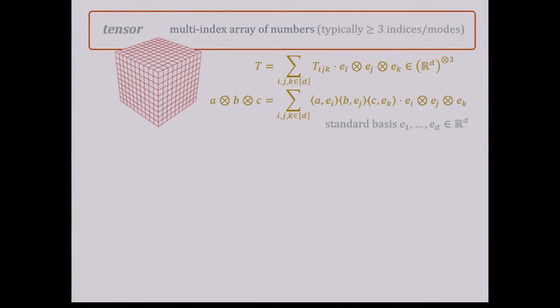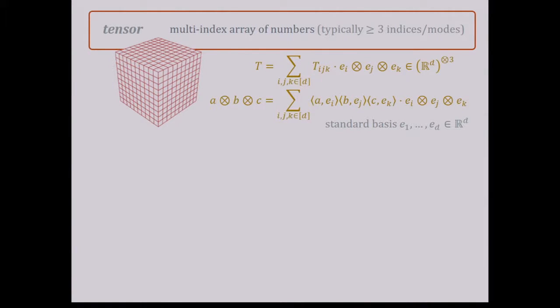So let's start with saying what's a tensor. A tensor is a very simple object, just an array of numbers where you have multiple indices. This generalizes in a natural way vectors, where you have one index, and matrices, where you have two indices.